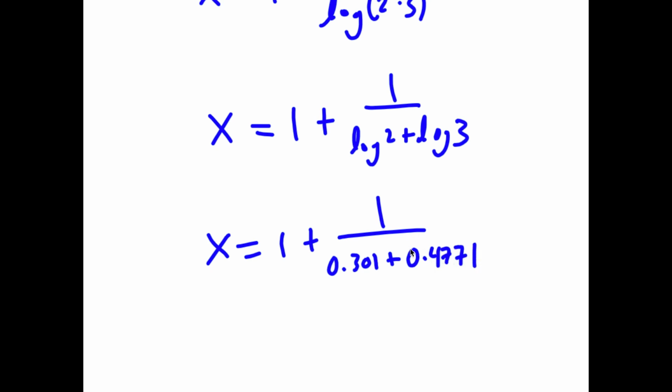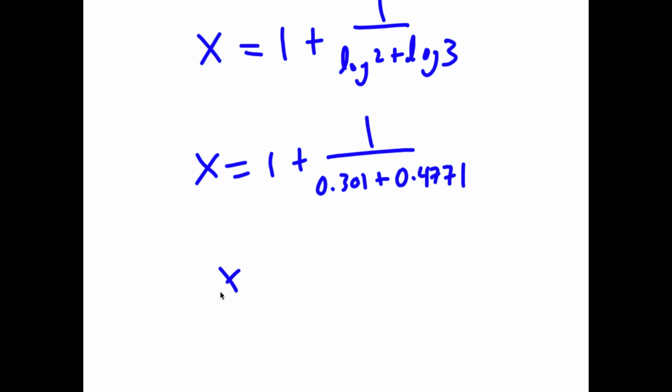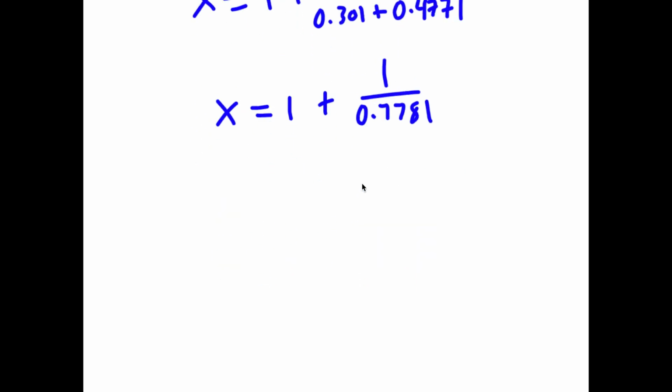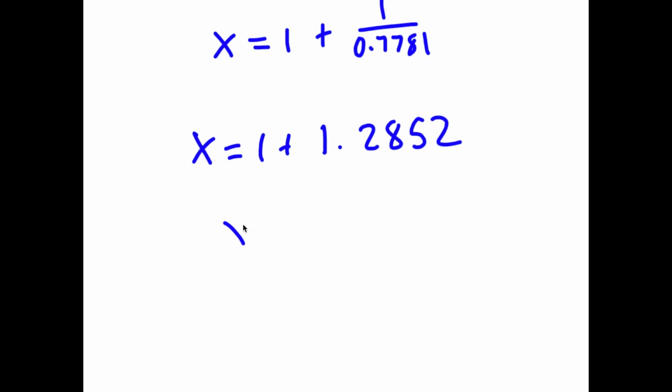So if I add these two together, I get x is equal to 1 plus 1 over 0.7781. And now 1 divided by 0.7781 is equal to 1.2852. So now 1 plus 1.2852 is 2.2852.